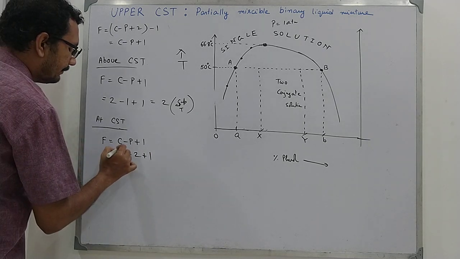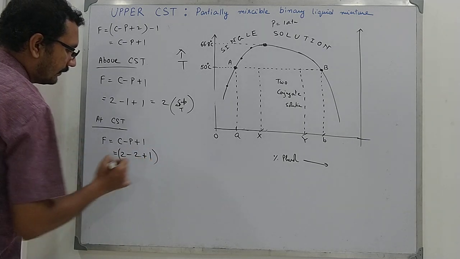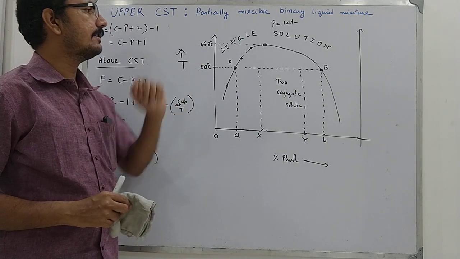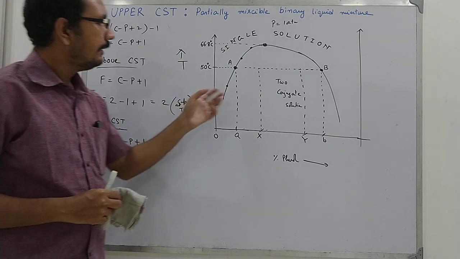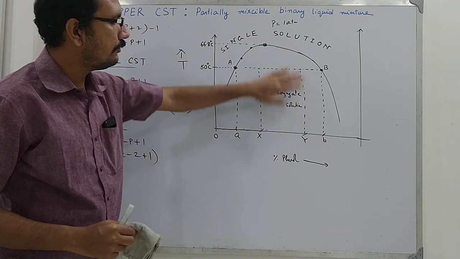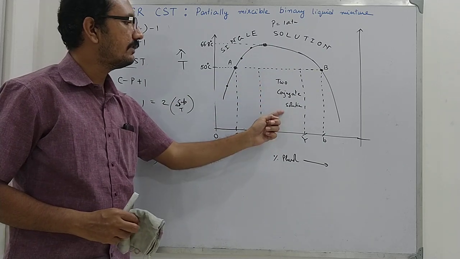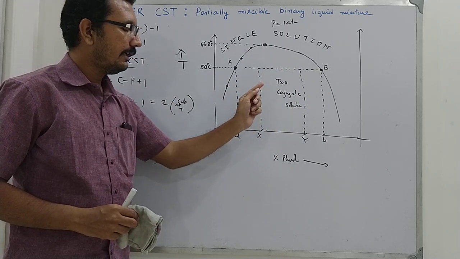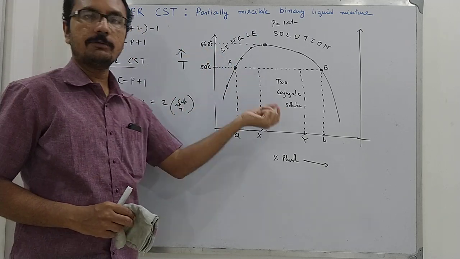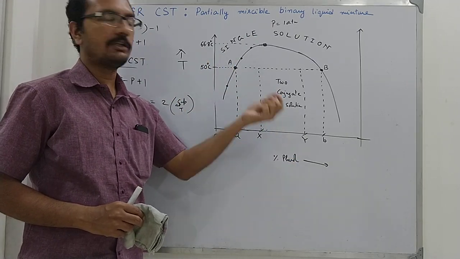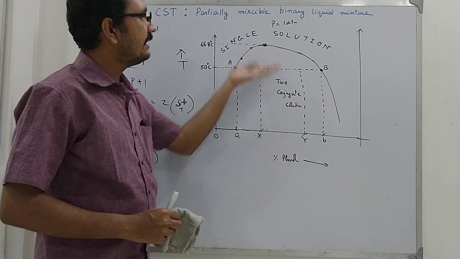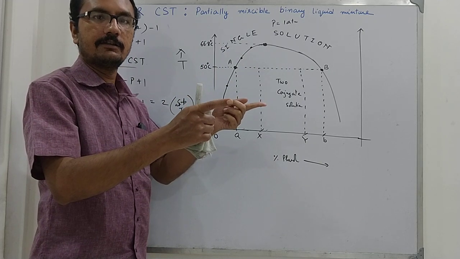Now another thing you must notice is what happens at CST. Within this domain, that is within the miscibility gap, we have two conjugate solutions, where in one solution we get a saturated solution of phenol in water, and in another we have a saturated solution of water in phenol. Now as temperature increases, mutual solubility increases.